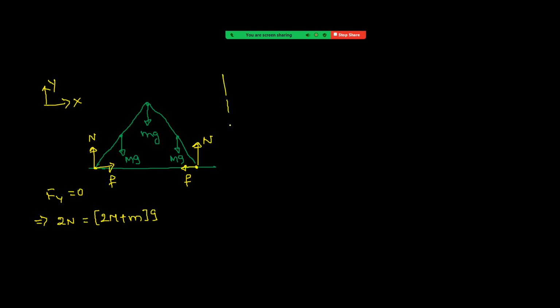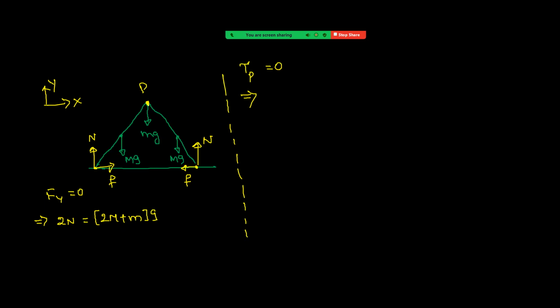Next, we want to calculate friction, right? Now, to calculate friction, let us take torque about this point. Suppose taking P, torque about P equal to 0. So the same calculation as the previous one.